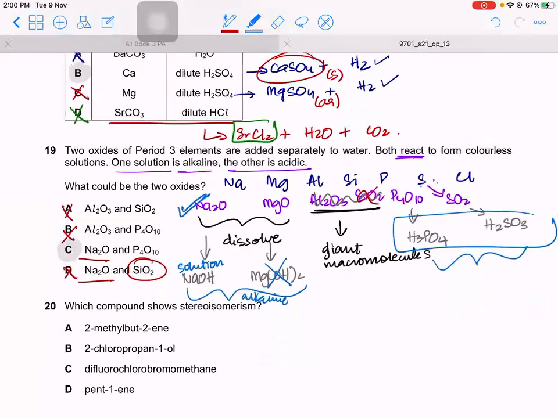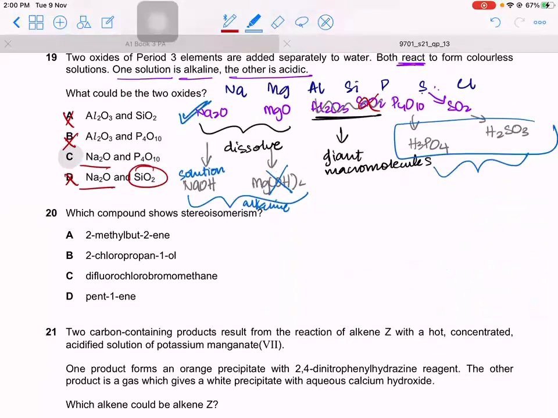Let's see question number 20. Which compound shows stereoisomerism? Stereo means cis-trans and chiral. So 2-methyl-butene. Does it have a chiral center? No. Does it have any cis-trans? No, because you have a CH3 here and a CH3 here. Can it show stereoisomerism?